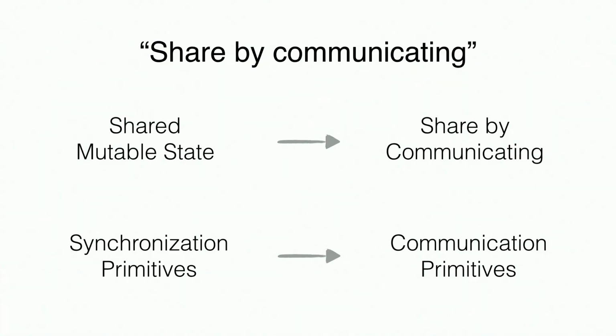So now, instead of sharing mutable state, we share by communicating. It's a bit different approach, but it follows some best practices of other languages like Go. And now, instead of synchronization primitives, we have communication primitives, and channel is such a communication primitive.